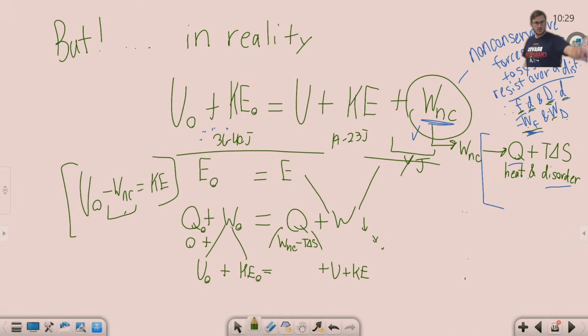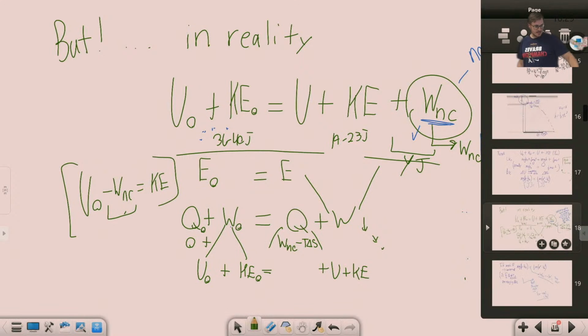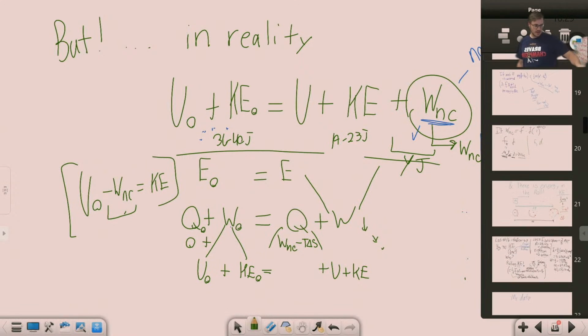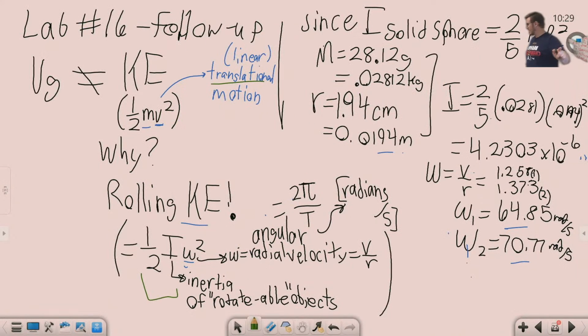The first reason we identified it doesn't equal KE is because of the non-conservative work. But that's not the only reason. The other reason U_G is not equal to KE is because we didn't account for the rolling motion attained by the ball. So what we're saying is stored energy was transmitted into some movement down the ramp.